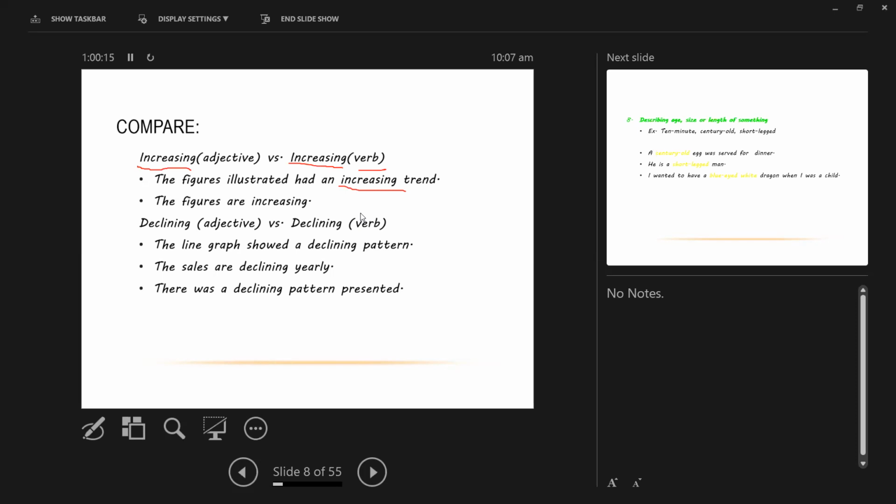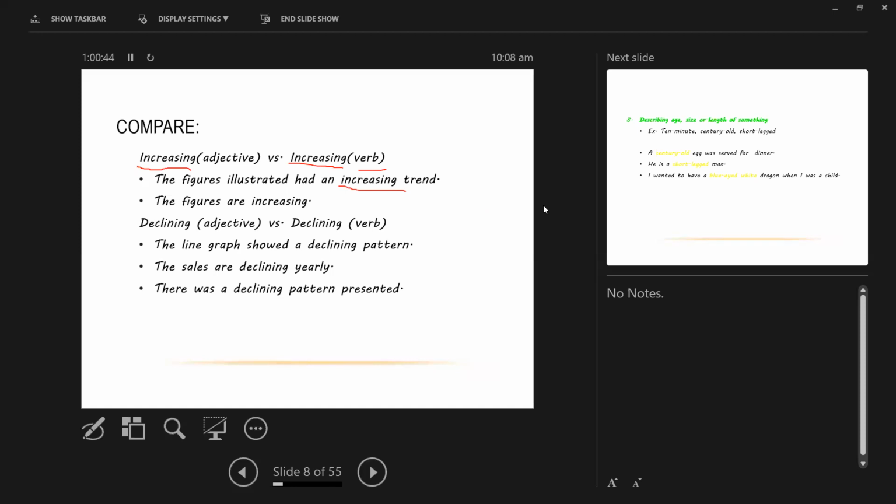He answered adjective. So may nag-answer ng verb, may nag-answer ng adjective dito. So ngayon, na-confuse kayo lalo, right? Pero di ba nga, I mentioned that an adjective, a participle, is located before the noun. So ito yung noun eh. We're talking about the word trend. Right?